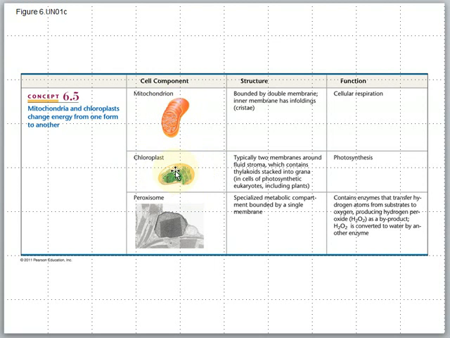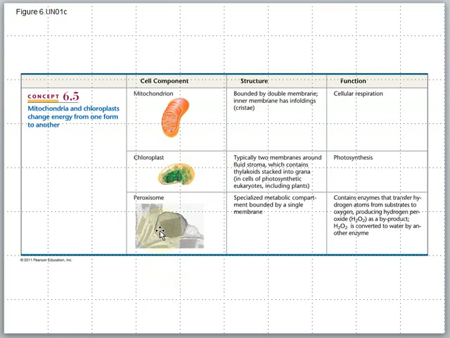Chloroplasts are only found in the plants or the plant-like creatures, and these also were thought to perhaps at one time have been their own cell. Both of these have their own DNA material, their own ribosomes, and they somewhat work independently of the rest of the cell. Chloroplasts found only in plants, perhaps once again as part of the evolution of the eukaryotic cell, were taken in at some point.